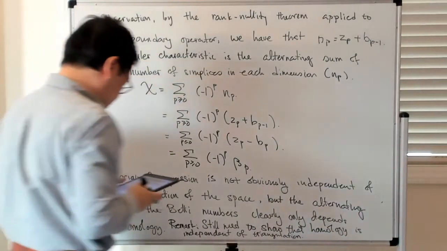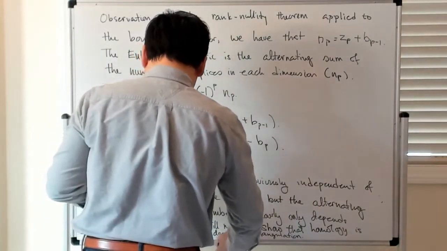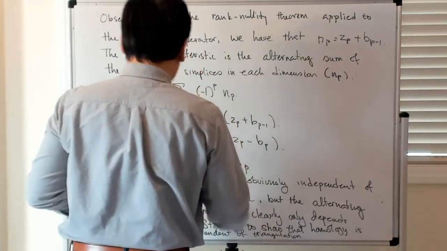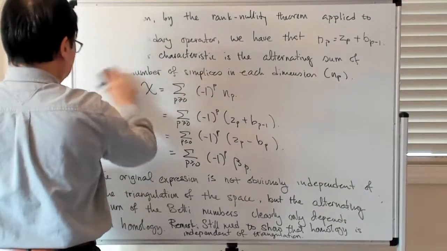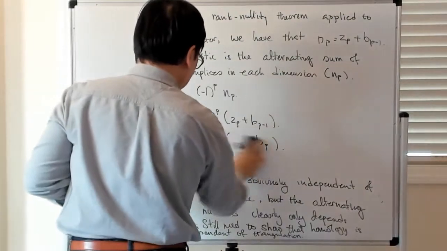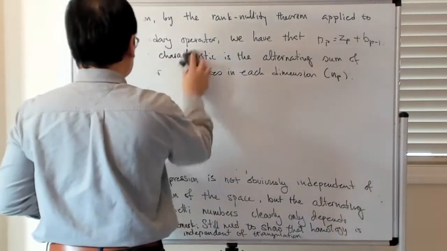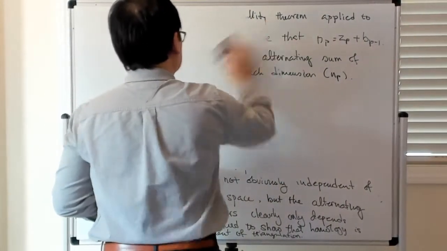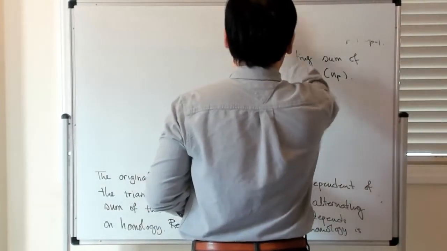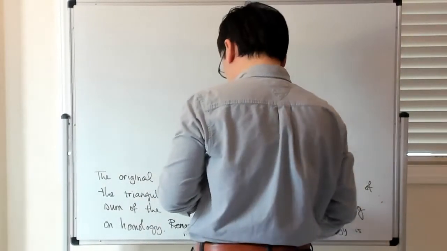Yes, so the other remark is that it's not just that it's independent of triangulation, but that if you have things which are homotopy equivalent, they also have the same homology.